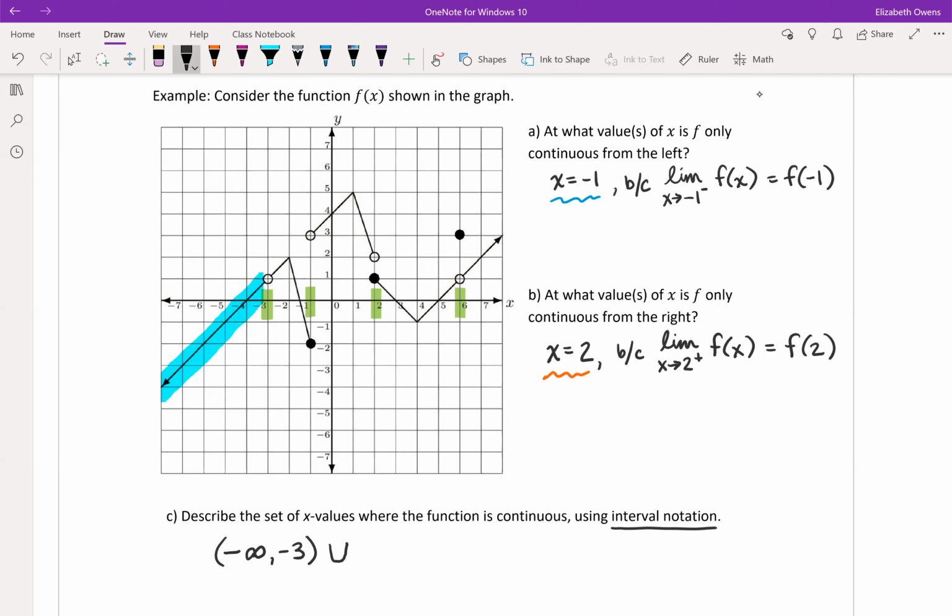And then we'll union that with the next bit of function, which is going to be this piece from -3 to -1. Even though the function takes a steep bend in the middle there, it's still continuous. There aren't any discontinuities between those two x values.